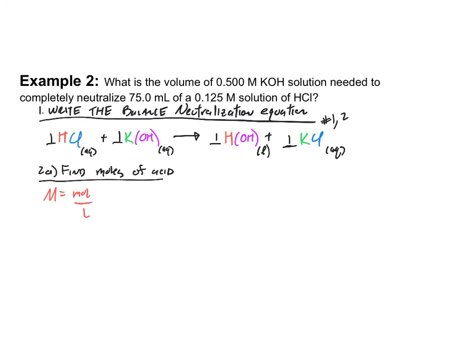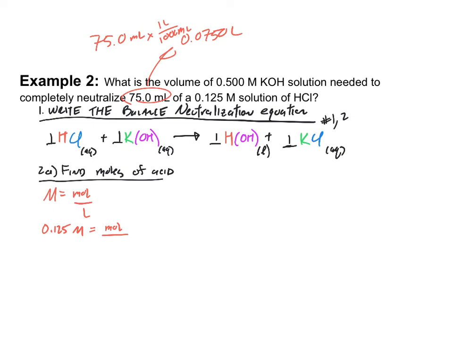We know that the molarity here is 0.125 molar. We're looking for moles. And the volume is 75 milliliters, which I have to convert to liters, so 0.0750 liters, because it was 75 milliliters, 1 liter, 1,000 milliliters.